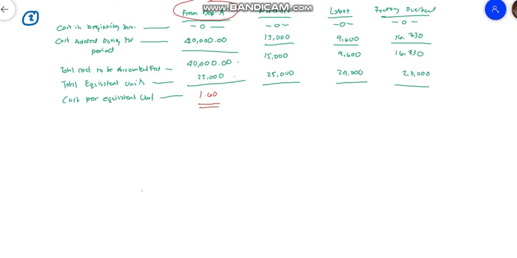So 15,000 divided by 25,000 is 0.6. 9,600 divided by 24,000 is 0.40. And 16,330 divided by 23,000 is 0.74.